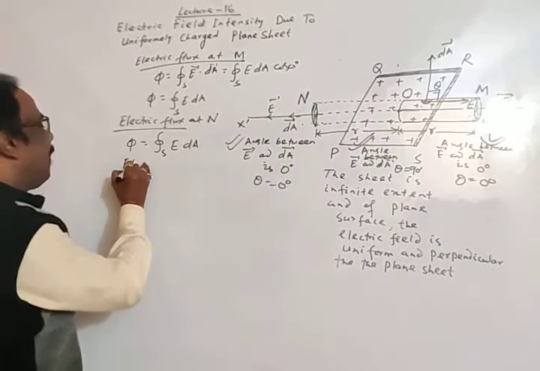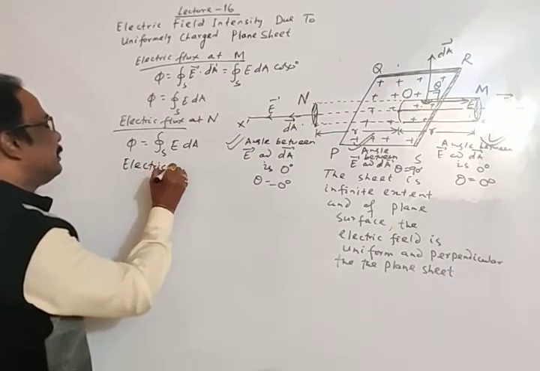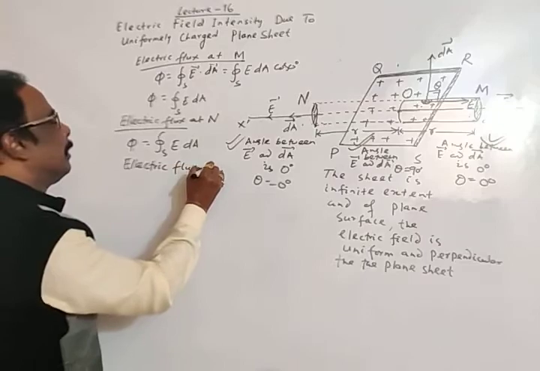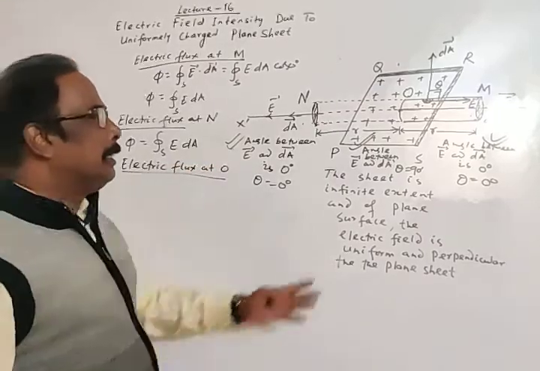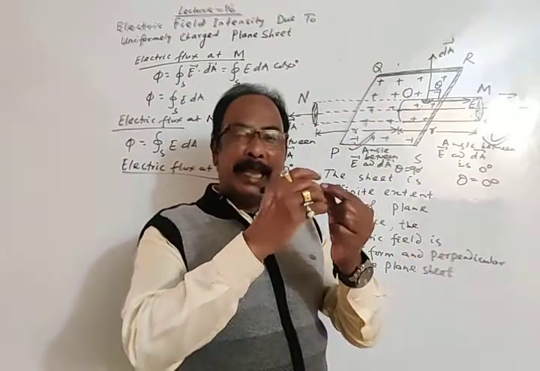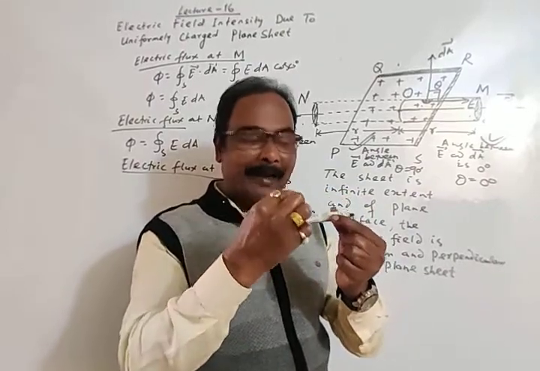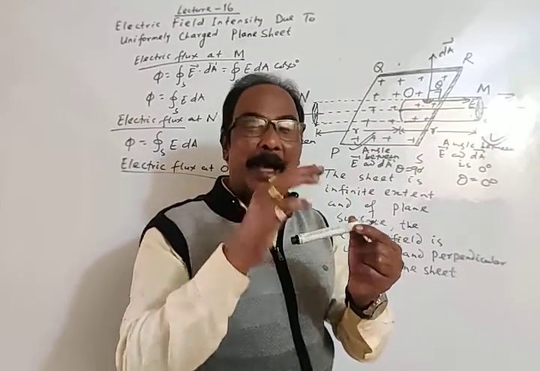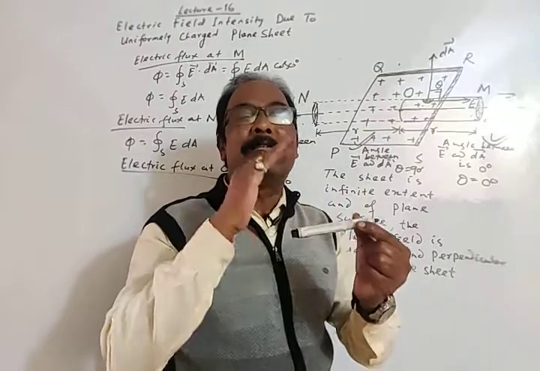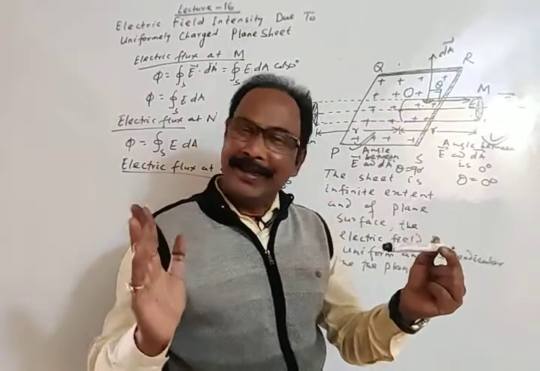Then electric flux on the curved surface at O. O is taken where the elemental area dA is on this curved surface of the cylindrical Gaussian surface.